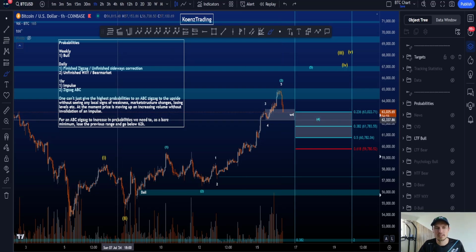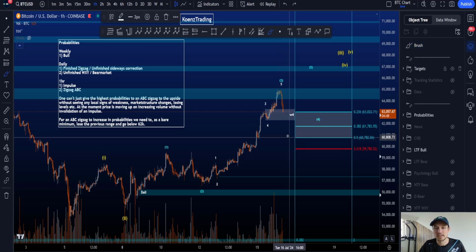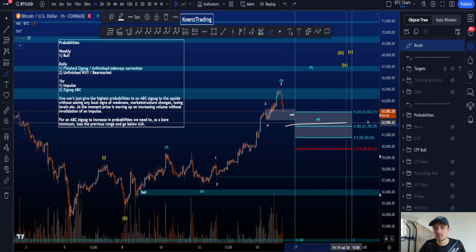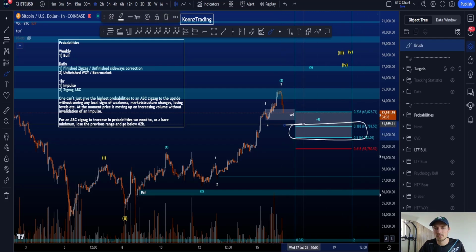So for an ABC zigzag to increase in probabilities, we need to, as a bare minimum, lose 62k, lose this lower degree wave 4 range and start ranging over here. Now by all means you can see that this price action is still wave 4 target area, right? So even if you move below the previous range, you are still in the target area of a wave 4.